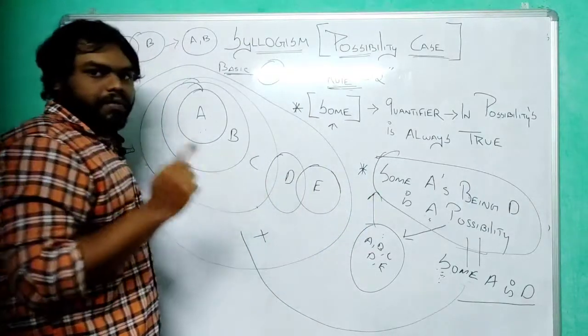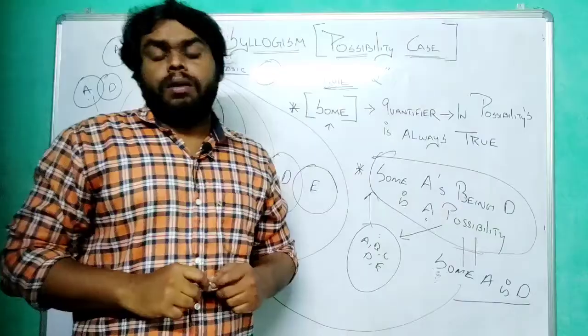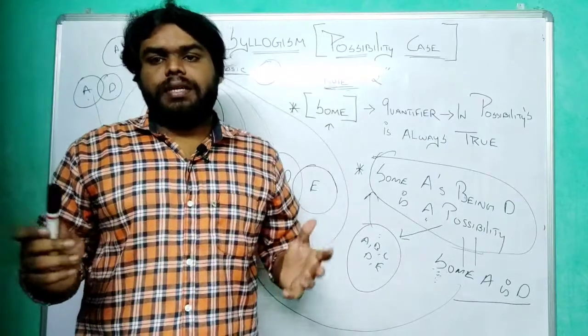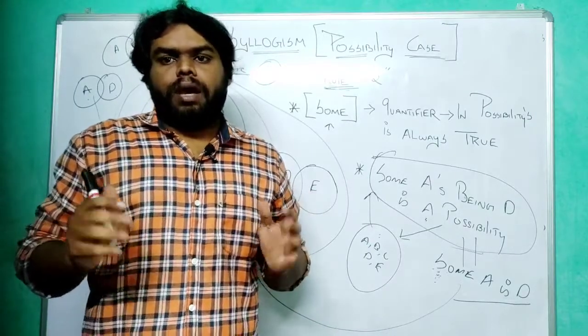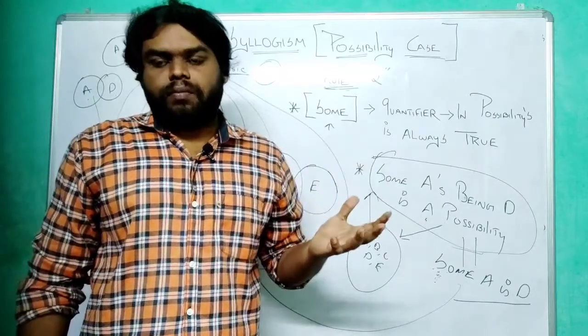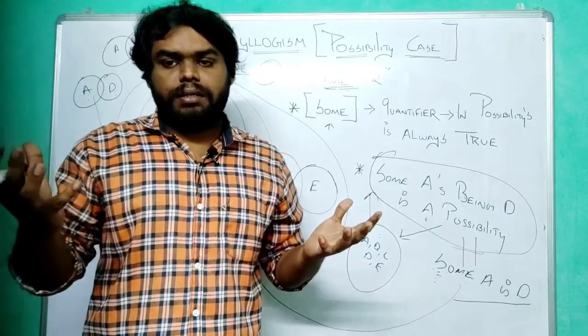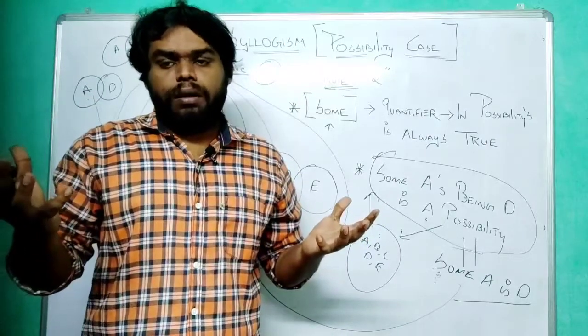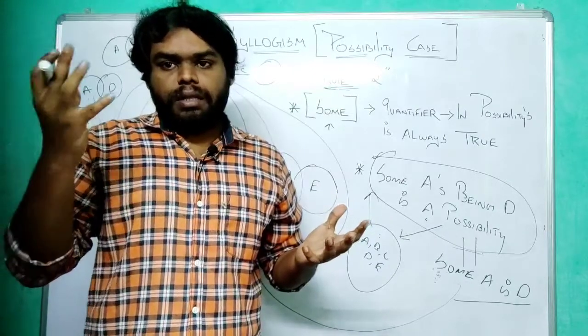If I can connect even one time, so if I have to give an example, if I say two different statements, if you can find the difference between each of them, I think you must be clear. If I say some Indians are rich, and on the other side, if I say some Indians are rich is a possibility, or some Indians can be rich, I'm not very sure in this statement.